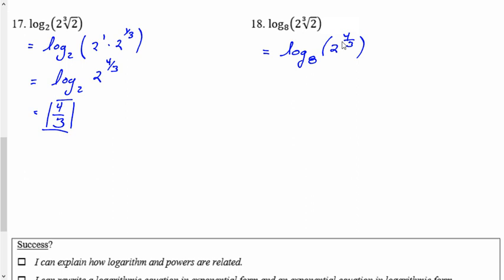Well, we could manipulate our way around this, and let me do that, and then I'll show you another strategy we could use. So I have log base 8. 2 to what exponent equals 8? 2 to the exponent 3. Okay, 2 cubed. How am I going to get this exponent to look like 4/3?